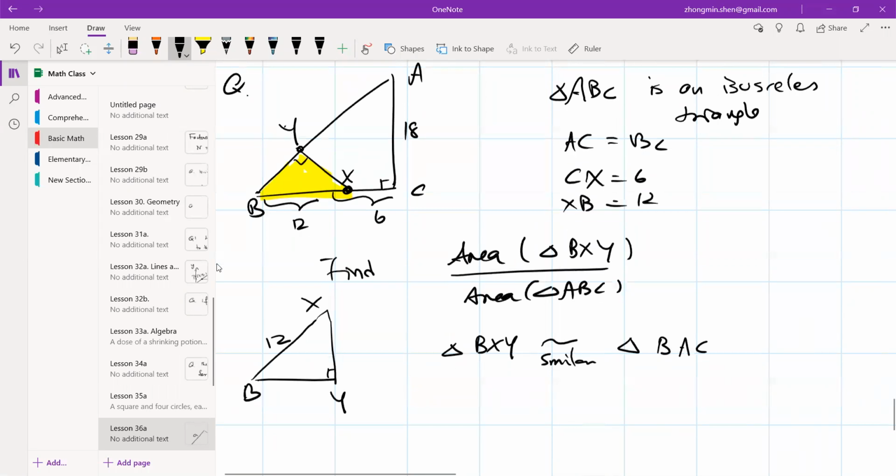Another approach, you don't need to use similarities. Then what you can tell is this is a 45 degree, right? That's 45 degrees because isosceles, right? Triangle, right? If you don't use similarity, probably don't need that because we haven't learned that. Okay, that's in the advanced math class.